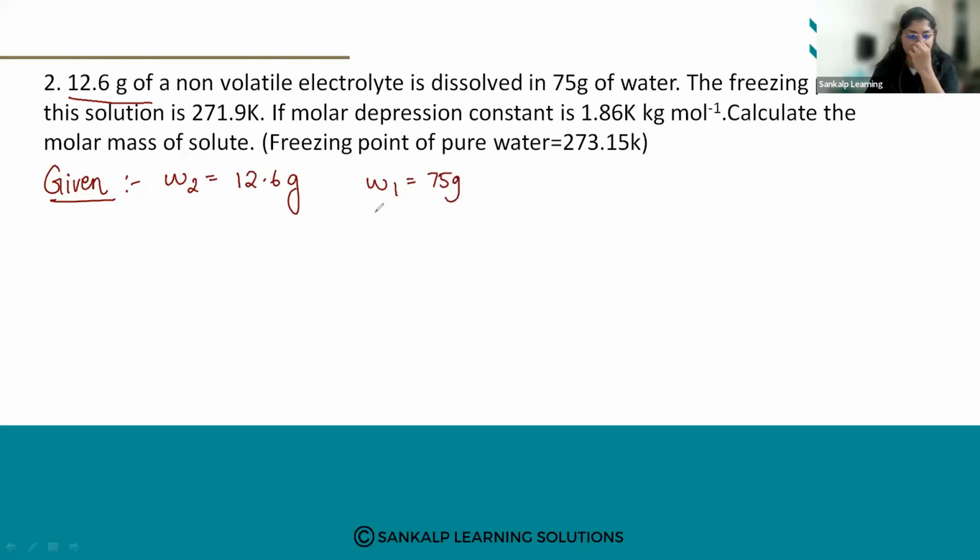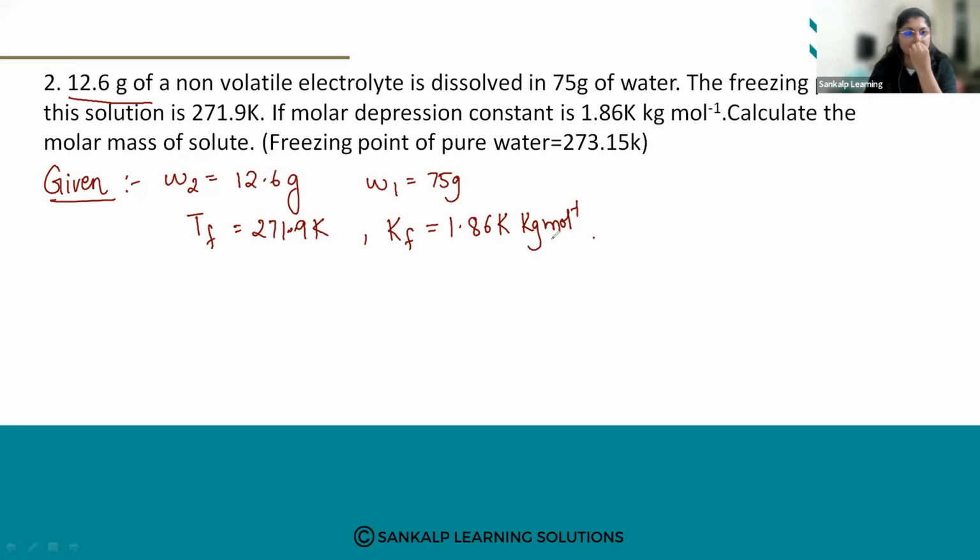The freezing point of the solution is given. Okay, so the freezing point is given as TF, 271.9 Kelvin. Then the molar depression constant is given as Kf. It is 1.86 Kelvin kg per mole.